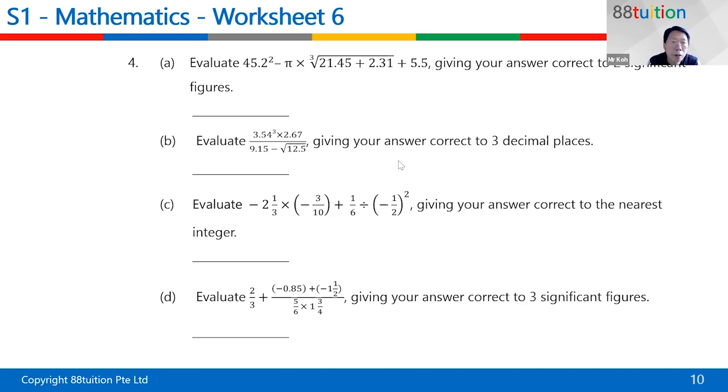Okay, very good. Enla all correct. Okay, Haolun also all correct. Haolun, where is C? C is missing.